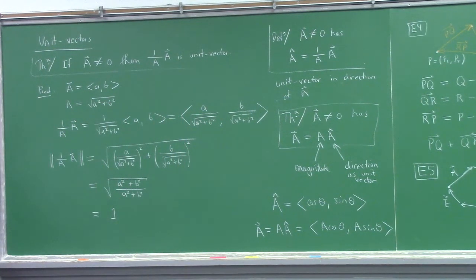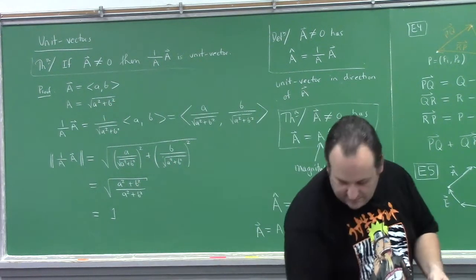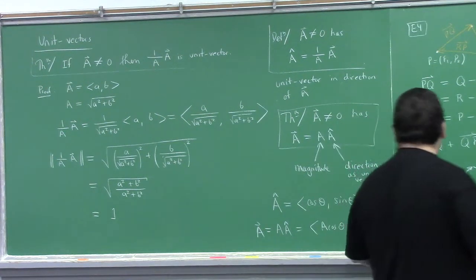So if you want to describe the direction of a vector in the plane, you've got two choices. You can either give the standard angle, or you can give a unit vector to describe its direction. These are in one-to-one correspondence. You give me a standard angle, I give you a unit vector. You give me a unit vector, I give you the standard angle.